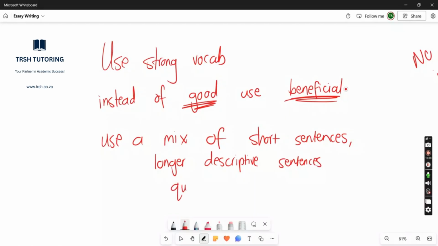Use questions as well, rhetorical questions to make the reader wonder. Say, have you experienced not being able to run around, or not having had good exercise in a long time? Then the reader stops and starts to think. So please always do that.